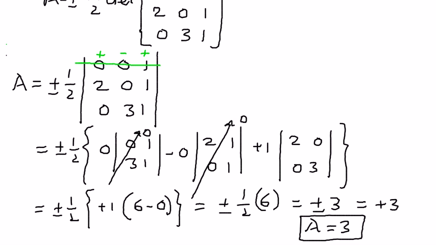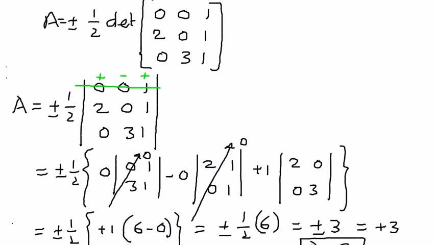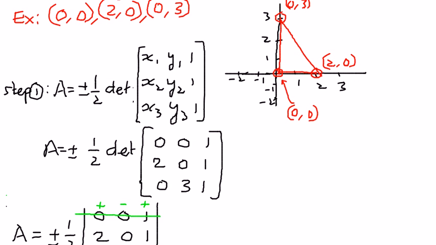We also know a simple way to do this. We know from the given triangle, we can find the area as equal to 1/2 times the base times the height, isn't it? 1/2 times the base is 2 units and the height is 3 units.